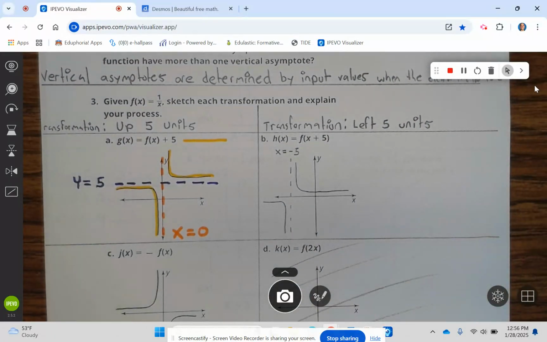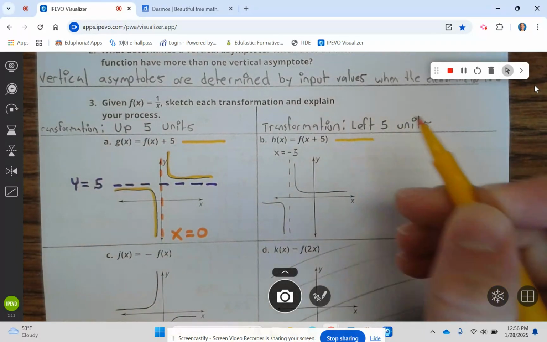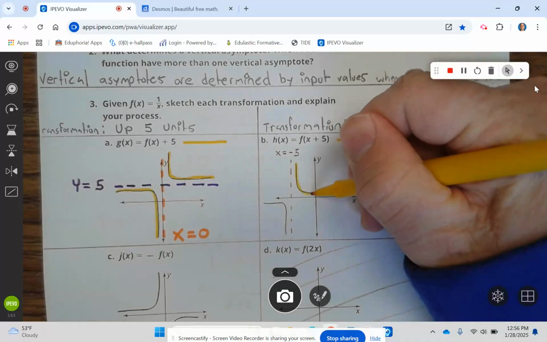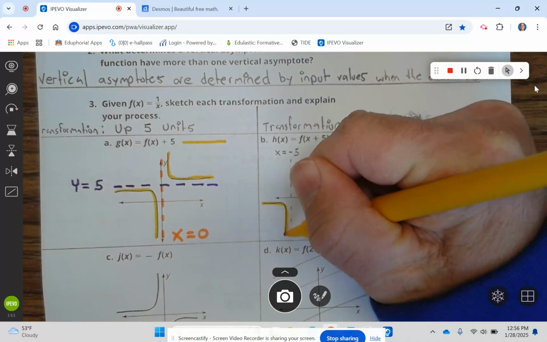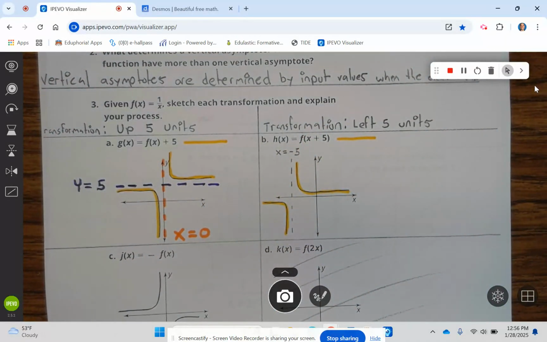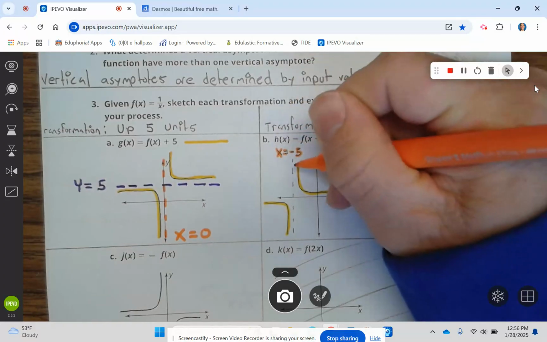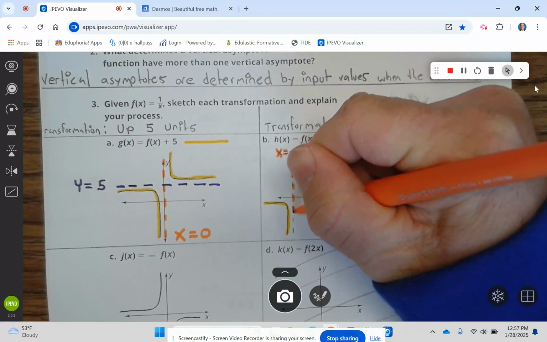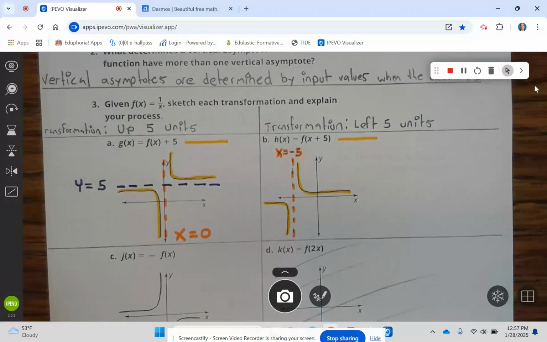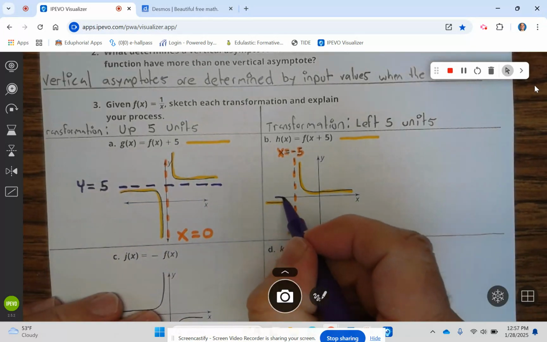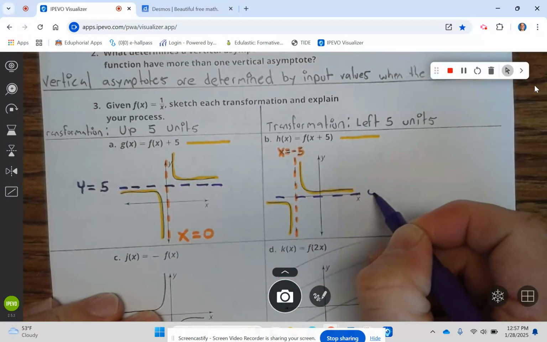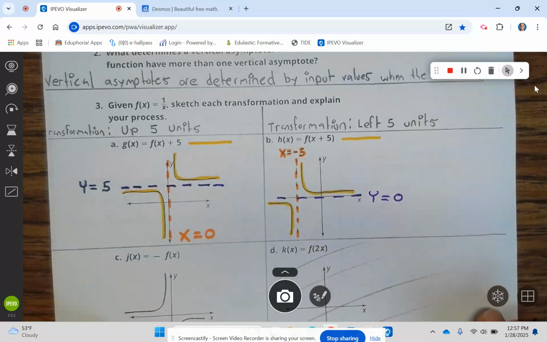All right, let's take a look at B. Let's graph in yellow. Okay, so you have a vertical asymptote at x equals -5 and a horizontal asymptote at y equals 0.